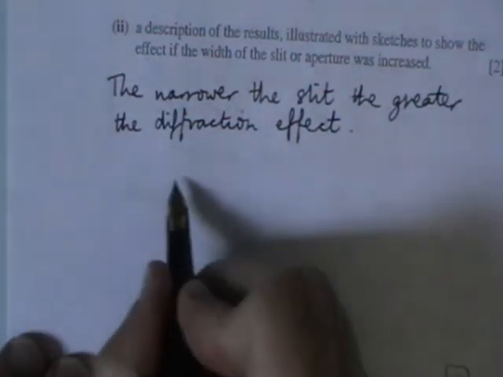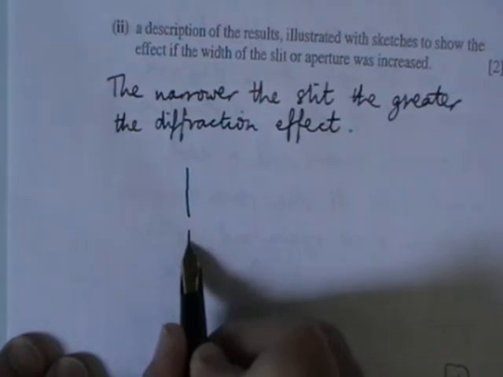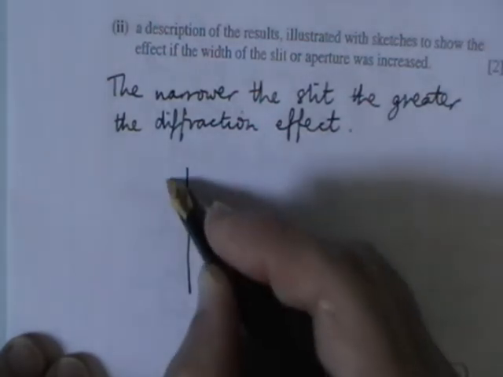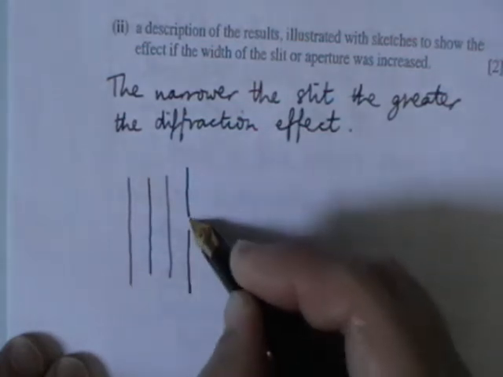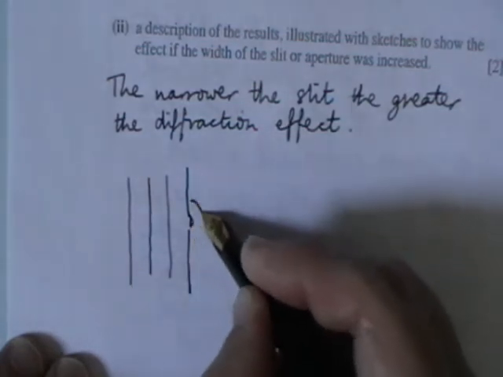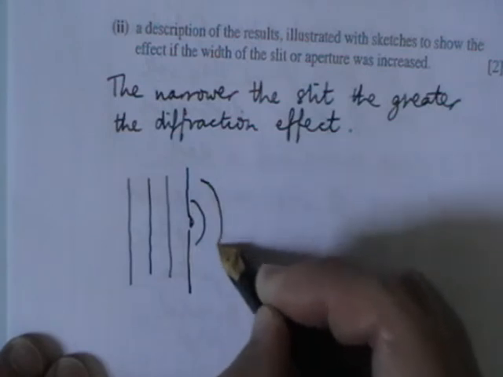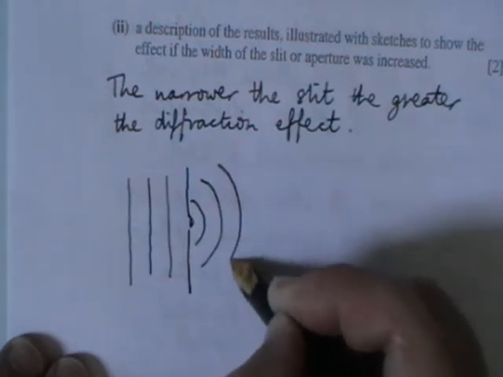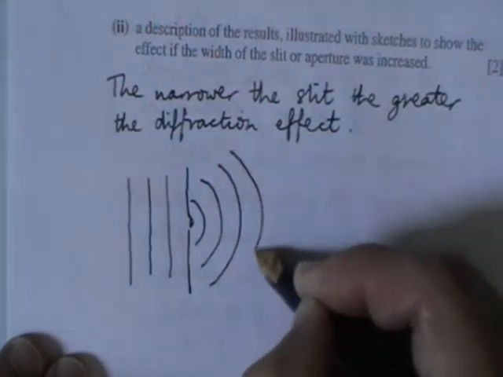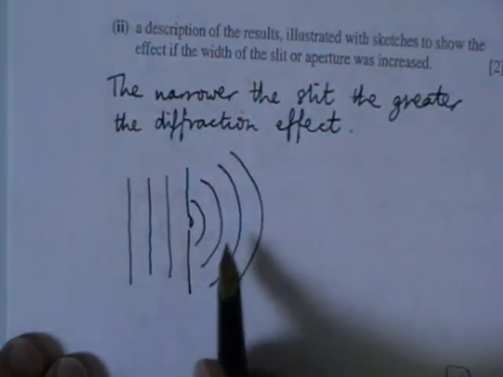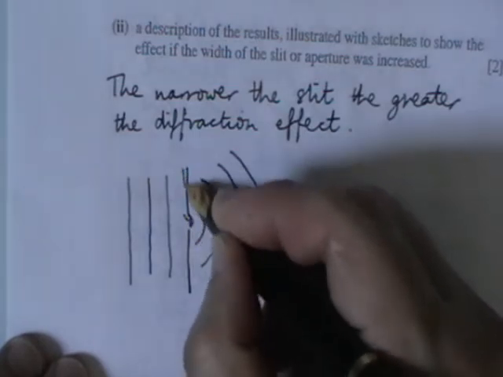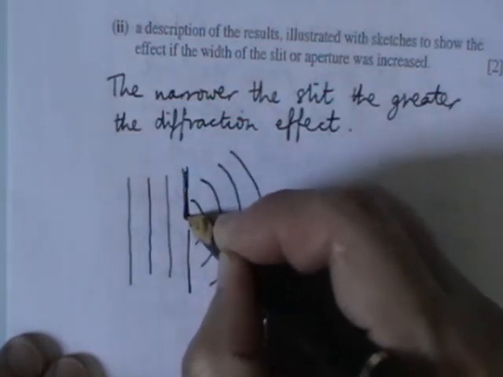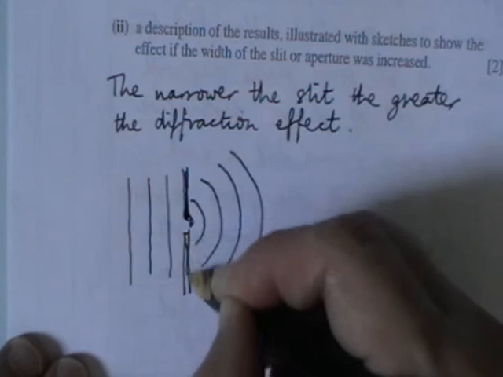So if you have a narrow slit, when those waves approach, we get a lot of diffraction. Try and make sure that the wavelengths are the same. Okay, so that would be the obstacle there with the gap at that point.